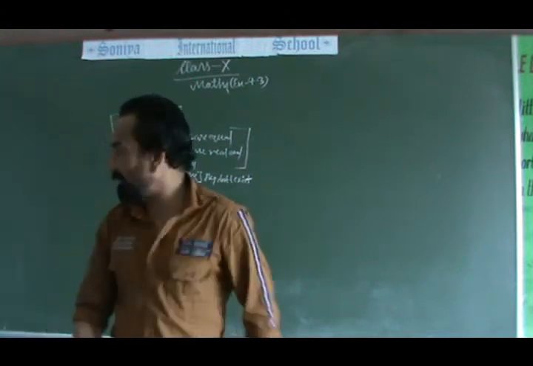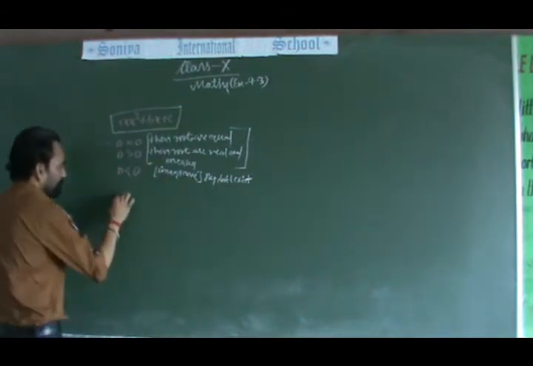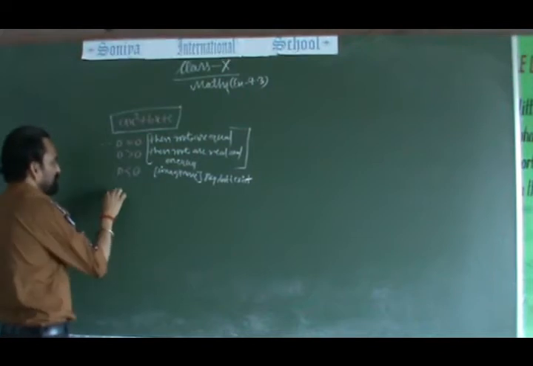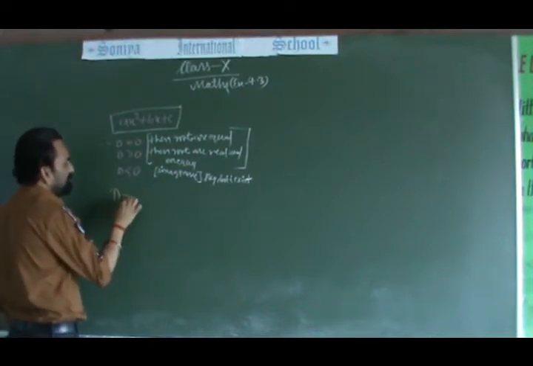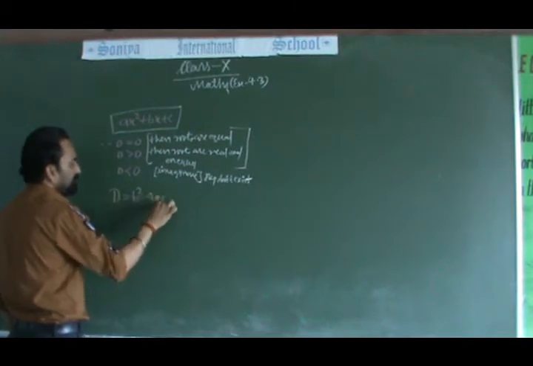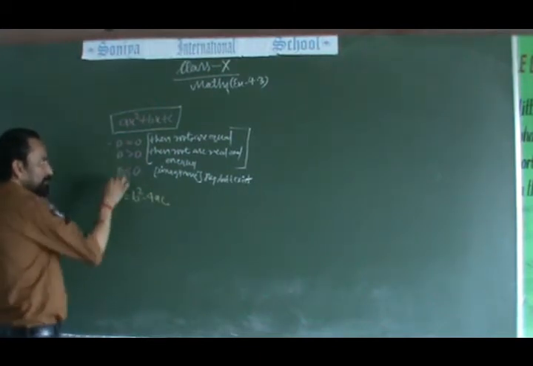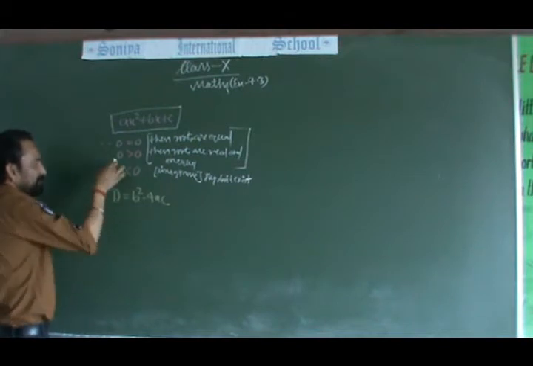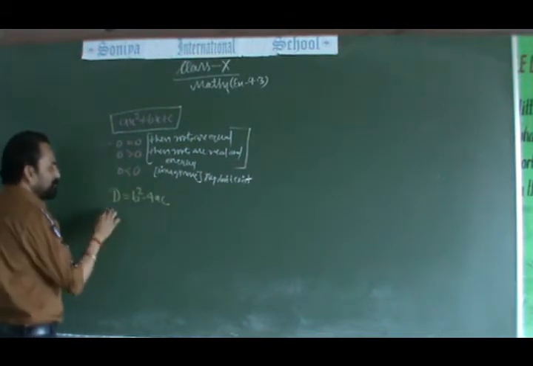So in solving the quadratic equation, first you see the value of d. And what is d? That d is known as the discriminant. The discriminant d equals b square minus 4ac. By telling these two things, what do you observe?